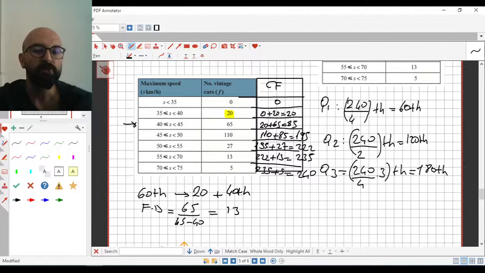Okay, and we should find in this group the 40th car speed.